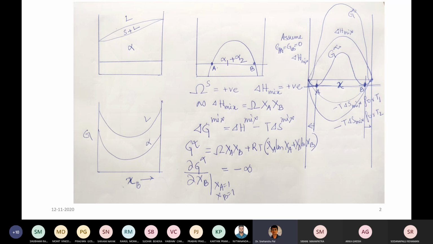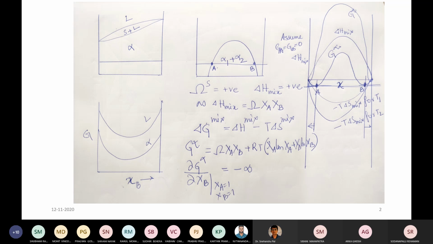You can see in the slide that at a particular temperature, if it is in the solid region of the phase, then the free energy of the solid, that can be the alpha phase, will be lower with respect to the free energy of the liquid phase. That is known. There will be a free energy curve of the liquid, which, if you see in the picture, will look something like that.